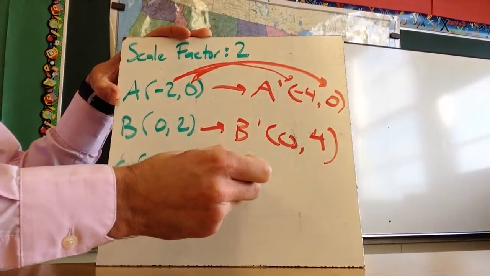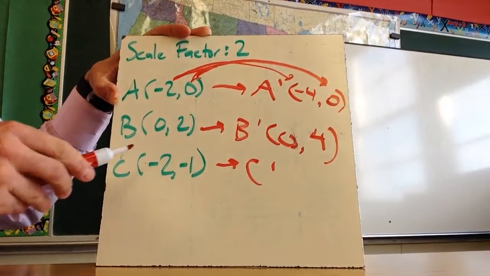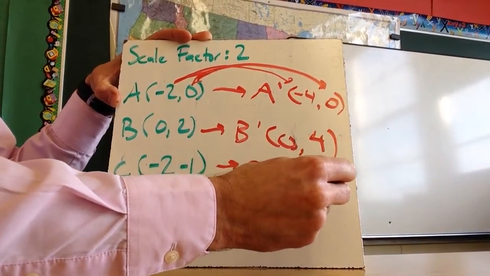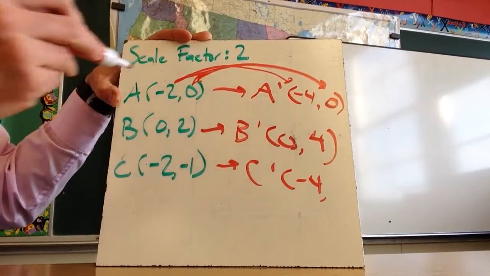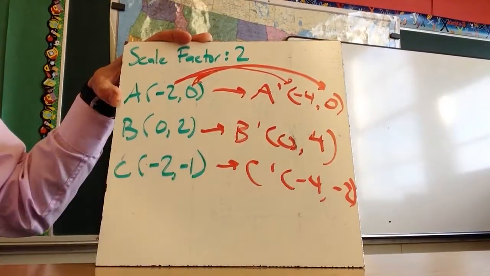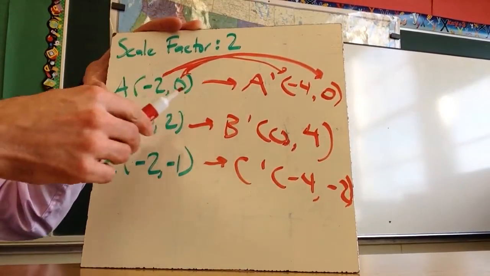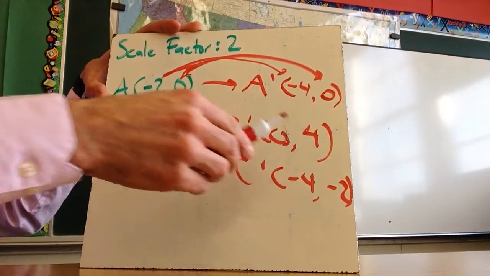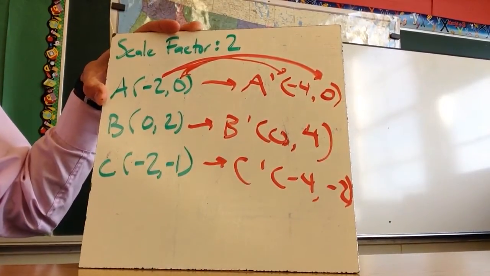And then to find C prime, I'm going to go negative 2 times 2, which is negative 4, and then negative 1 times 2, which is negative 2. So keep in mind, we're just multiplying the scale factor times these numbers. If they're negative, they would stay negative. If they're positive, they would stay positive.